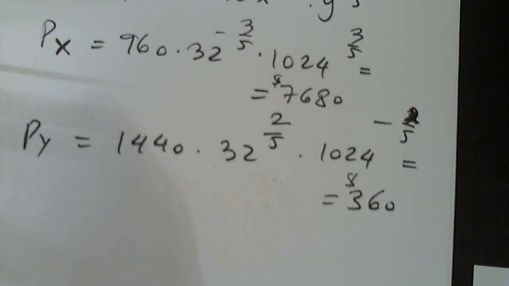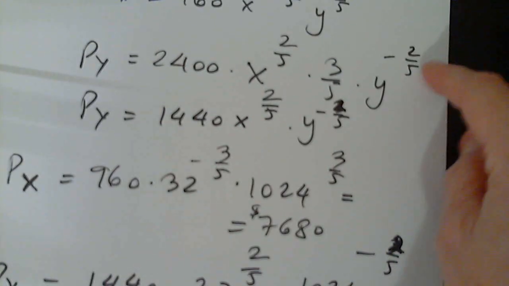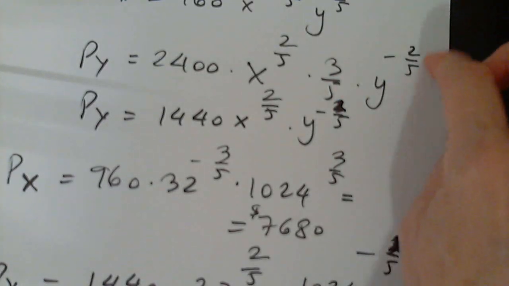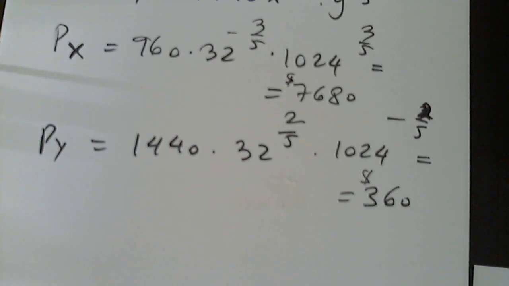Thank you for checking. Good. My apologies. So I copied the negative 2/5 and I changed it. I was looking here at something, no excuse. So it was negative 2/5, negative 2/5, and it's 360. Good. Any questions?